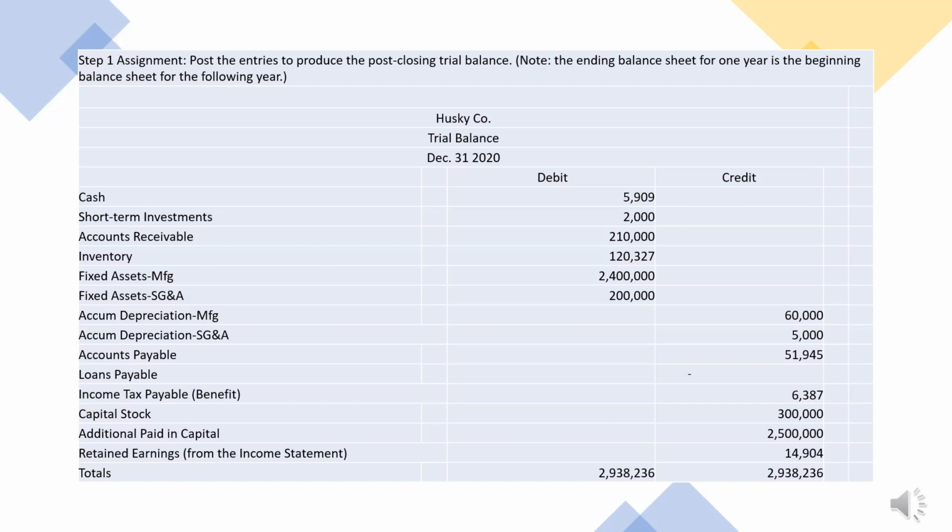My capital stock is $300,000. My additional paid-in capital is $2.5 million. Both of those accounts are the same as they were on October 1st. And then I also reflect my net income of $14,904 in the retained earnings, and it comes from the income statement.